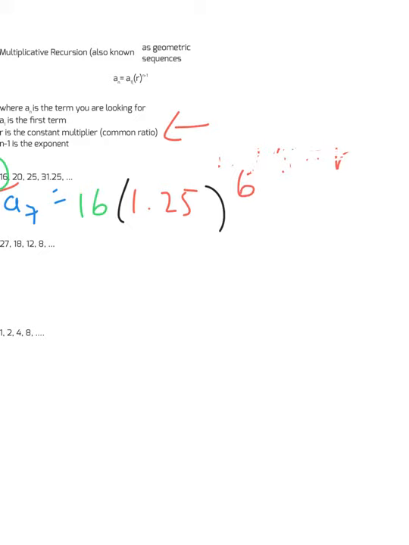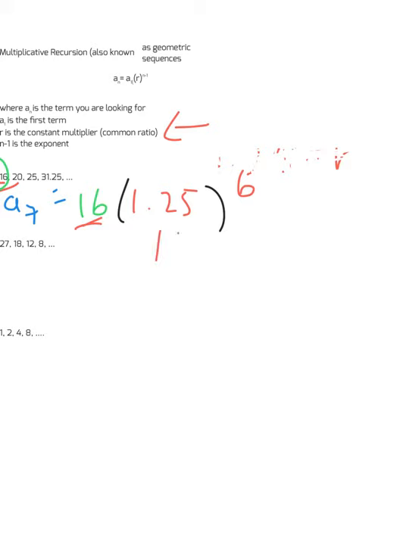The reason that we're raising it to the sixth power is because this 16 is already written there. So we have 4 terms written out, and that 16 is taking the place of that first term, which means you're finding 6 terms past 16, which technically would be the seventh term. So on your calculator, you want to take 1.25 and raise it to the sixth power.